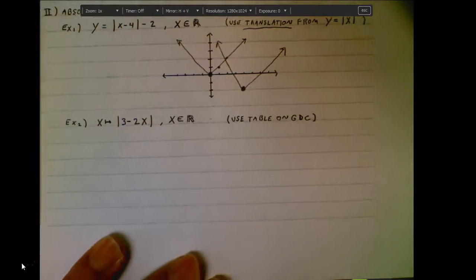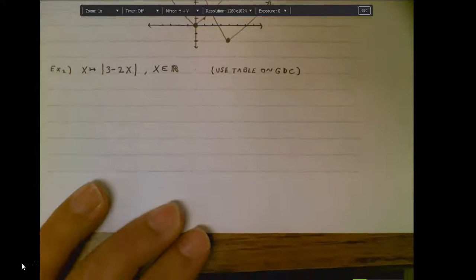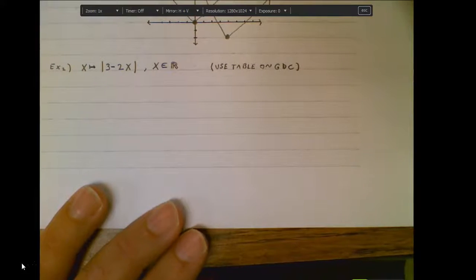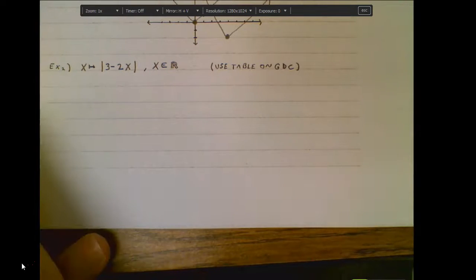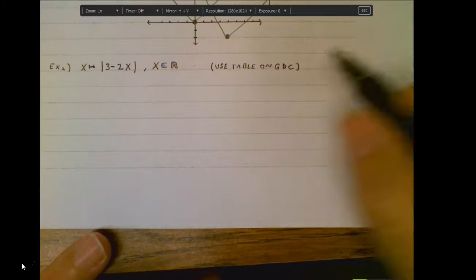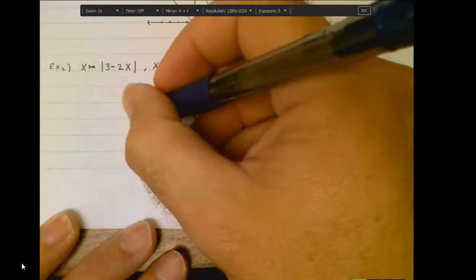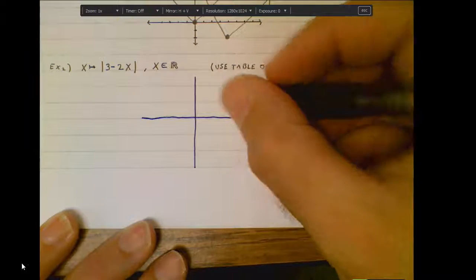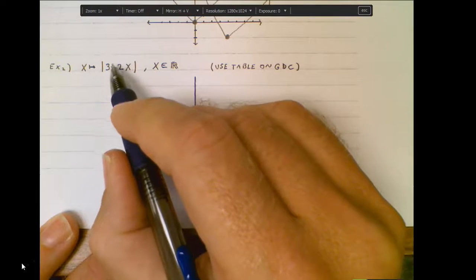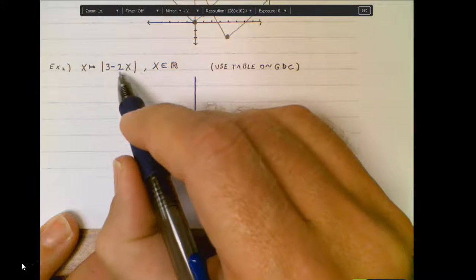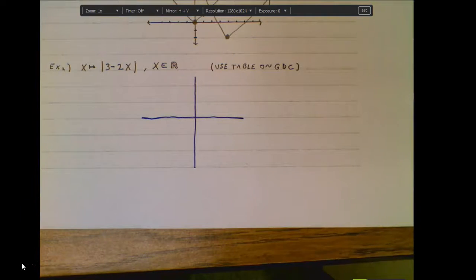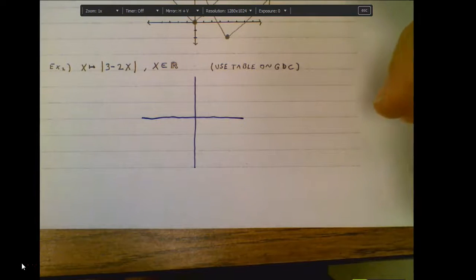So one more right here. If I was going to do a graph for this one, again, we'll build our grid. This one here is a little harder to deal with when it comes to a translation because of the extra number thrown in right here. Whenever they attach a number to x, it's harder to see how that translation would work.